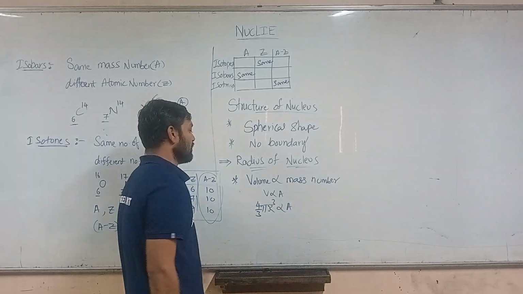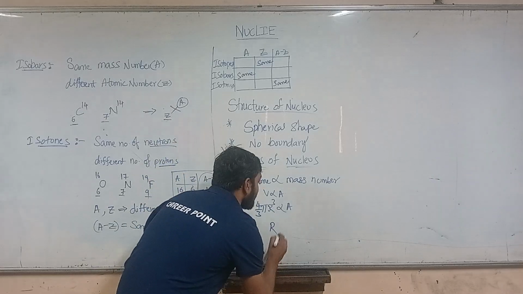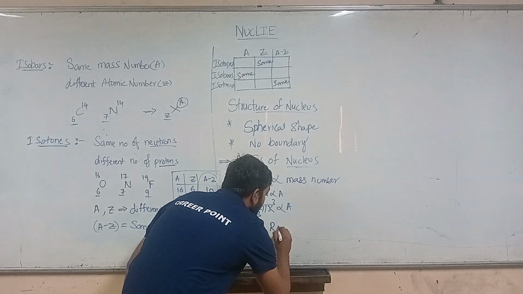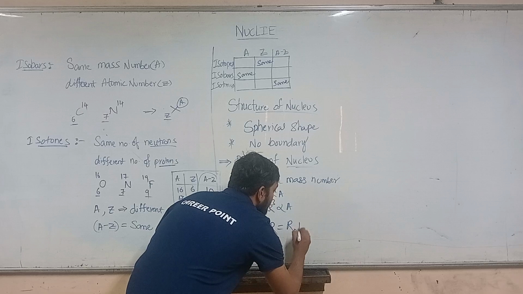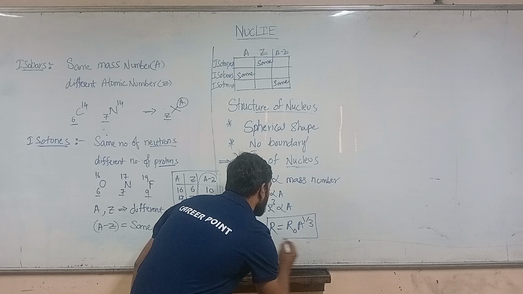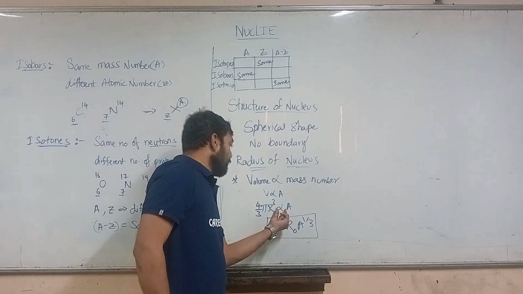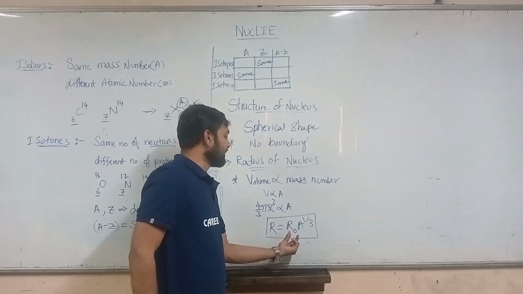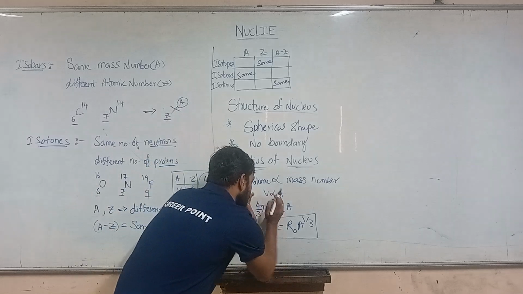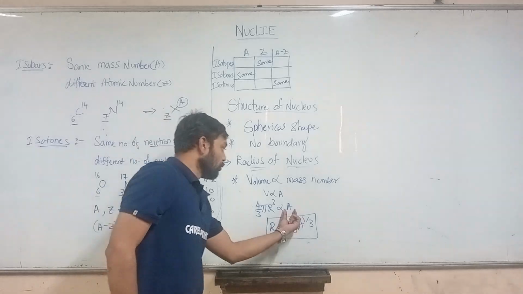So here we are having r and A, right? Here I would like to take r equals r naught A to the power 1 by 3. Here 4 by 3 pi is constant, right? And to remove this proportionality constant, I am taking r naught. So I would like to take the cube root of this, and then the cube root of this.